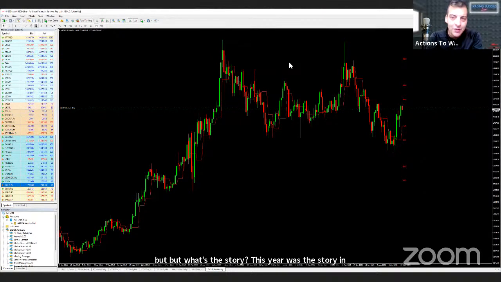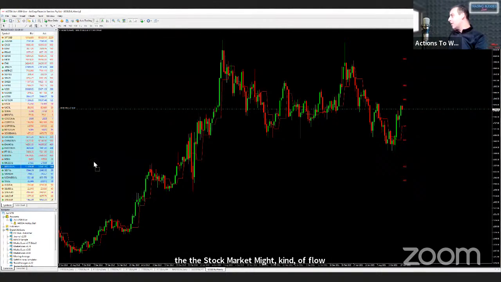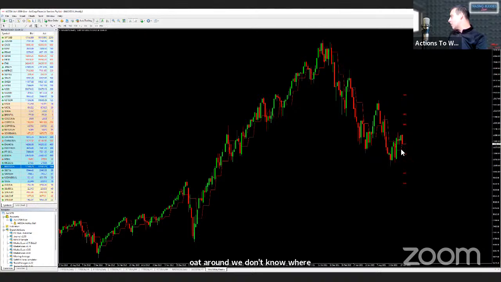Because if China opens up again, and central banks can't get inflation under control, it would suggest that both industrial metals and gold, which we wouldn't call an industrial metal but a precious metal, are going to do pretty well. The stock market might float around. We don't know where that's going. Who knows where the Nasdaq's going over the next 12 months.